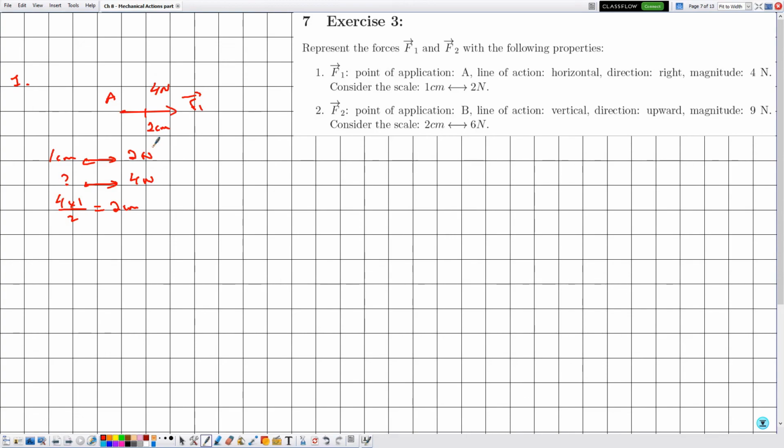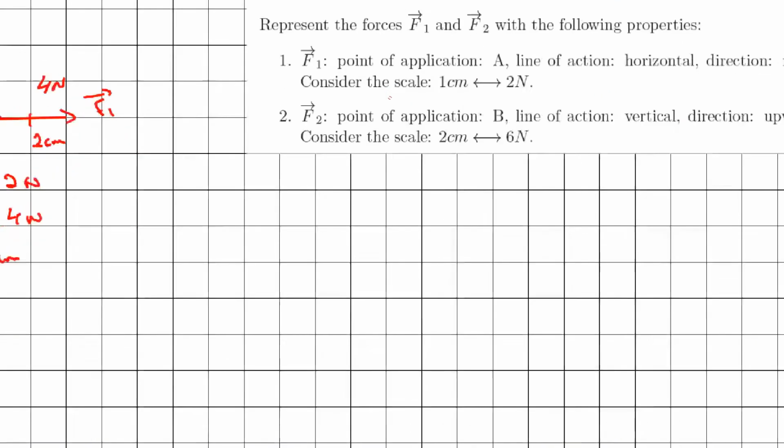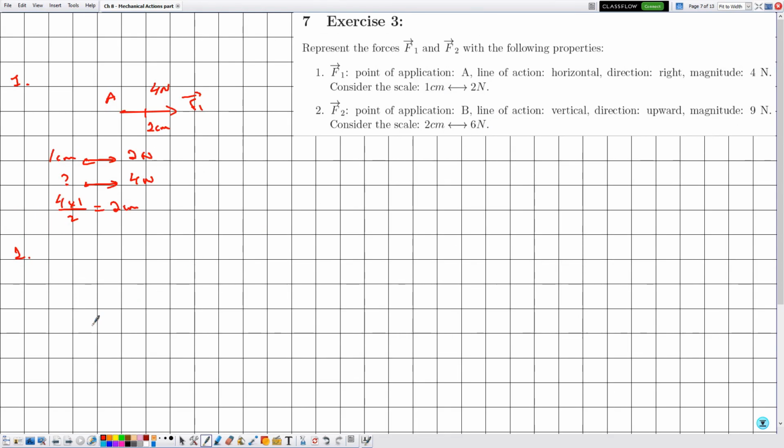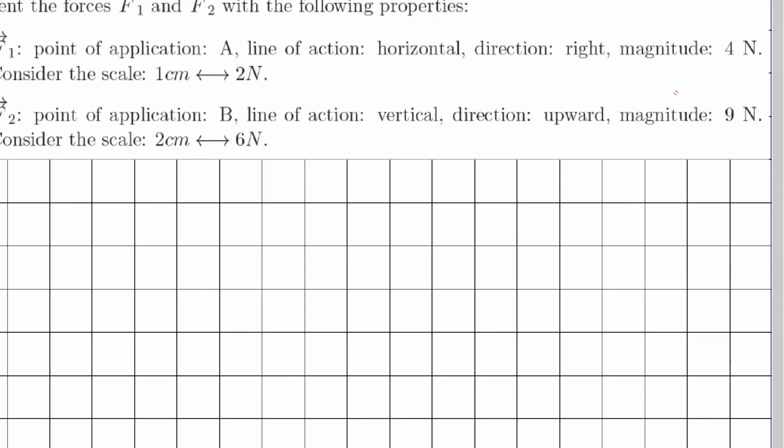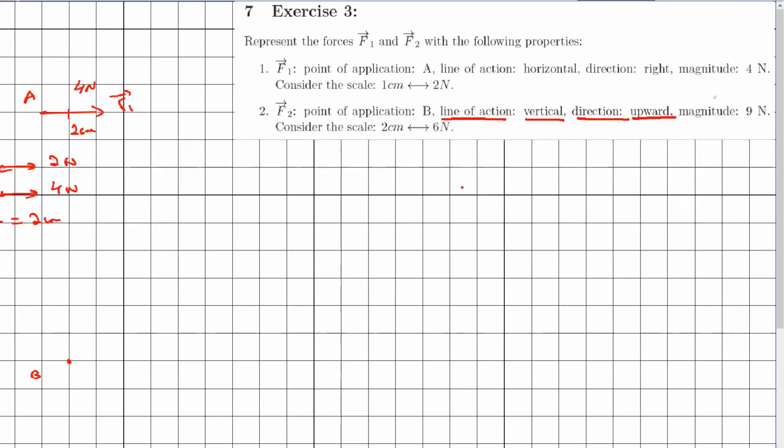This is it for part 1. Now for part 2 of this exercise, they are telling me the point of application of the force F2 is the point B. The force is acting vertically upward, which means that the line of action is vertical and the direction is upward.